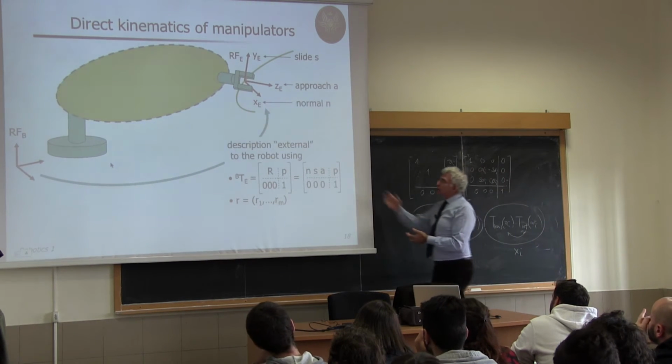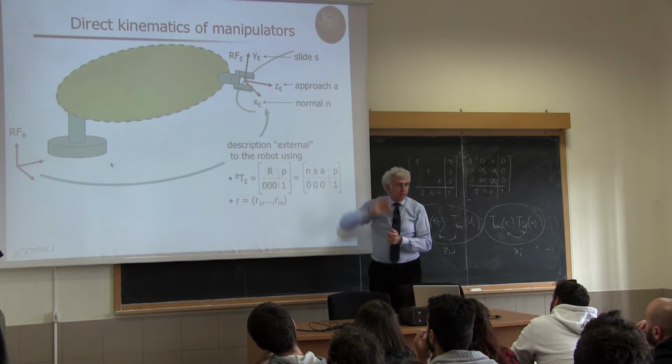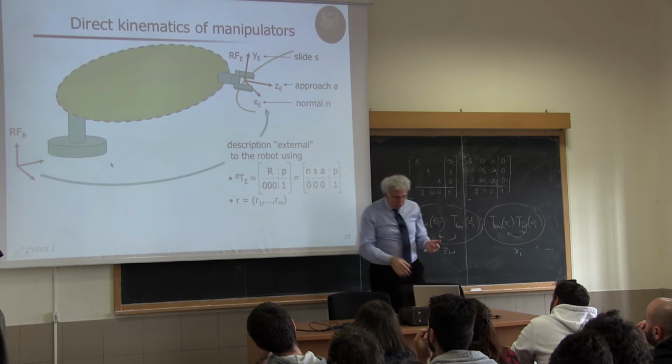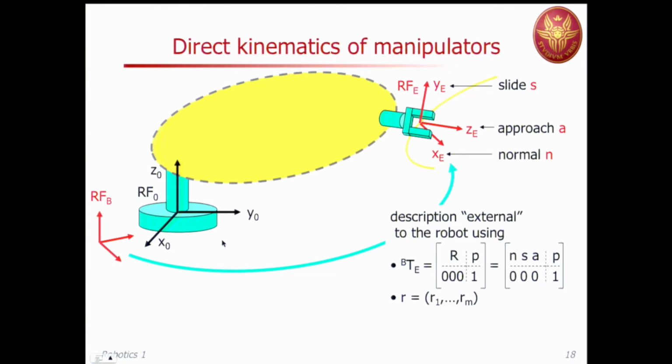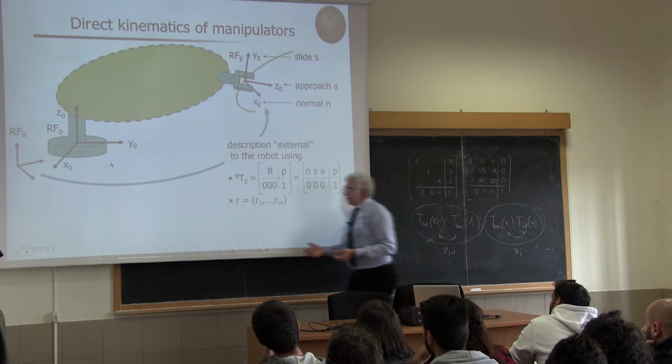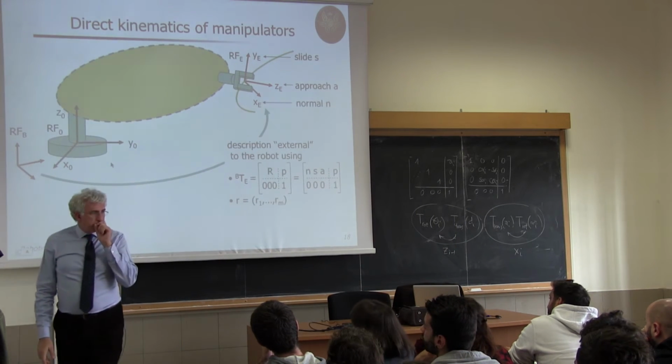So this is the so-called external-to-the-robot description, because we are passing outside of the robot. But of course, we learned that one of the convenient ways of doing things with homogeneous transformations is that I can go from frame B to frame E, passing through the robot. So the first thing, I will have frames attached to the robot, and here I show only the first frame.